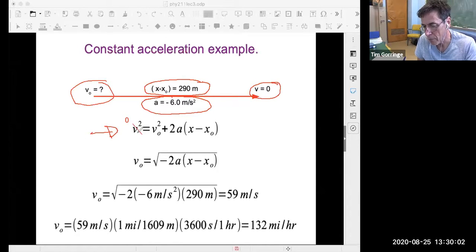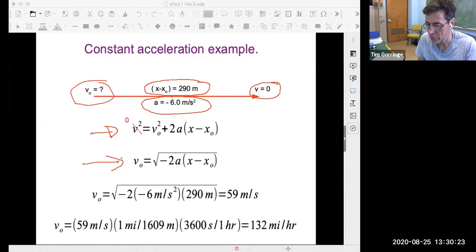Anyway, I'm going to put in V equals 0, and we get this equation. If I rearrange the equation with the left-hand side being equal to 0, I would move V naught squared from the right to the left, and then take the square root.